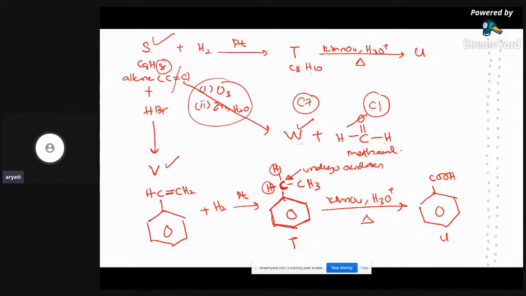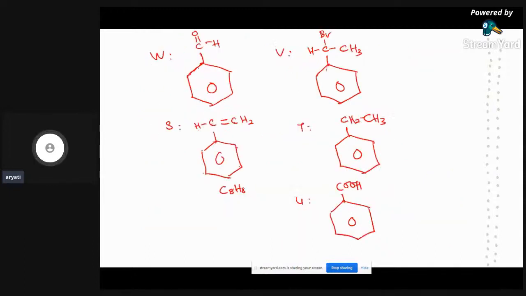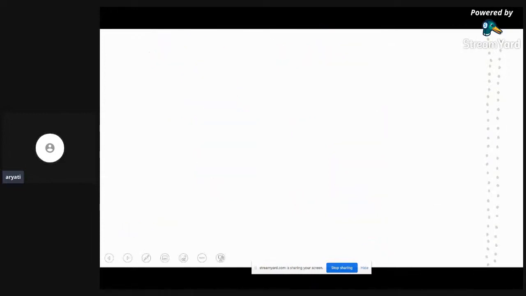So S kepada T, S ialah alkene, tindak balas dengan hydrogen platinum. So the name of this reaction is hydrogenation. Tindak balas penghidrogenan. Okay, so saya tulis kat sini. Conversion S to T ialah tindak balas hydrogenation.